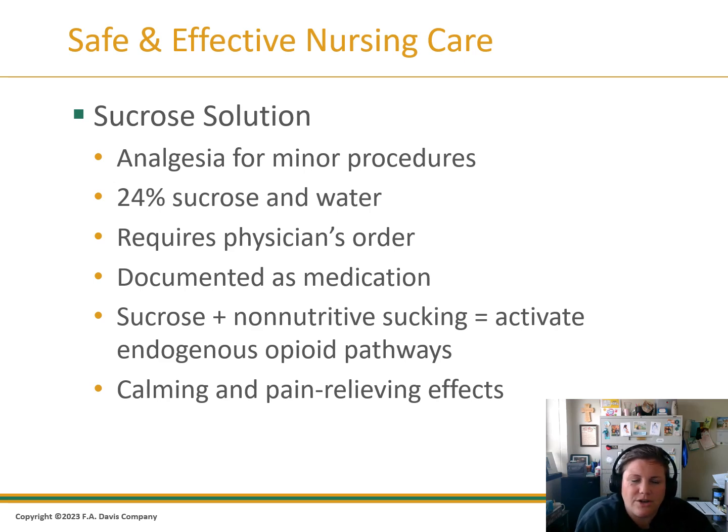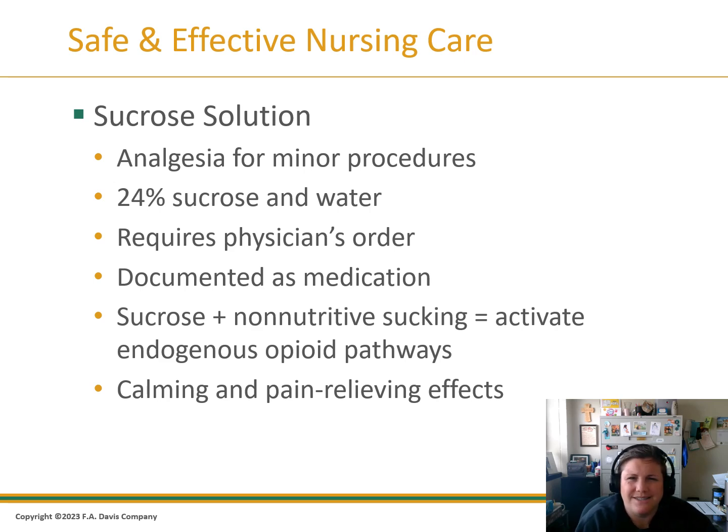When talking about effective nursing care, one thing that your book spends a little bit of time describing is sucrose solution. This is basically like sugar water, is what you might have heard it called before. It's a pain reliever, a natural approach to pain relief.